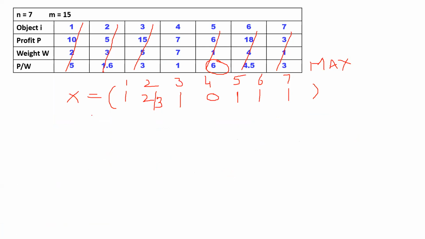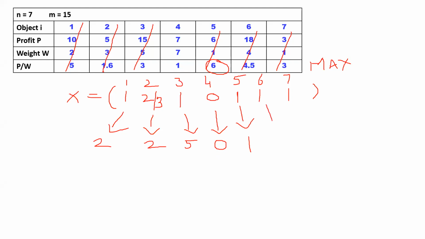Now find out the weight. First item fully filled up and its weight is 2. Second item, it is partially filled up, so the weight that you have used is 2. Third item, all 5 kilos you have used. Fourth item, you have not used it to fill into the bag. Fifth item, you have filled it completely, that is all 1 kilo.